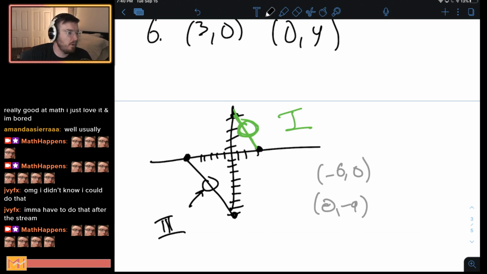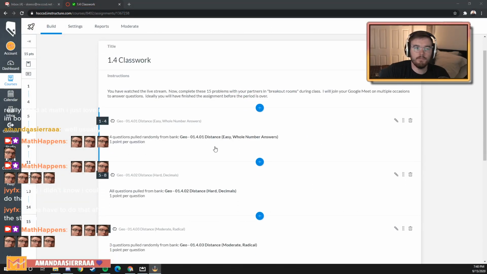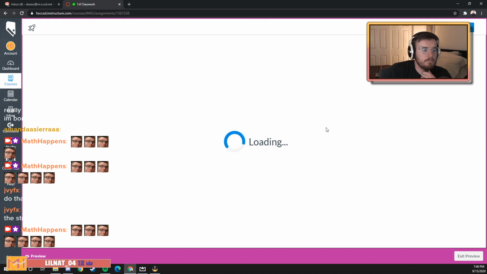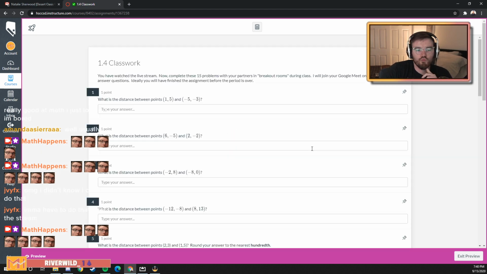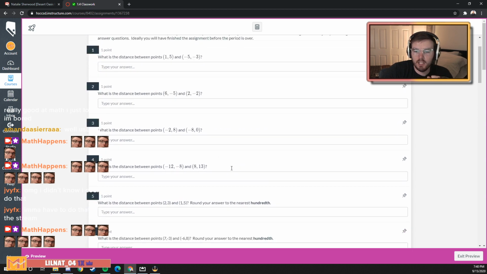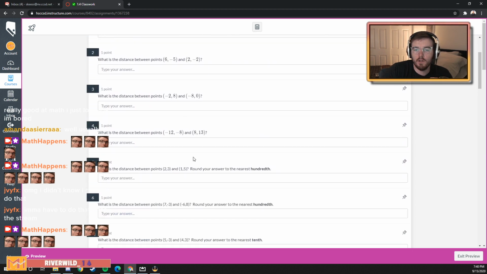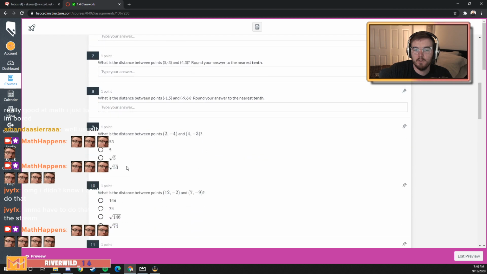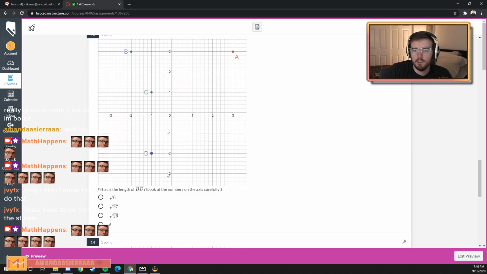So let's switch gears and look at 1.4. Preview. So the distance problems are the same thing on repeat, like nailing that formula into your head, using it over and over and over again.